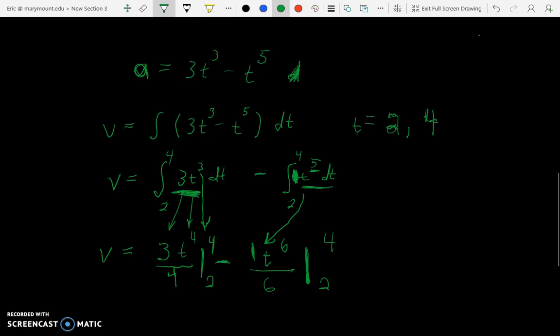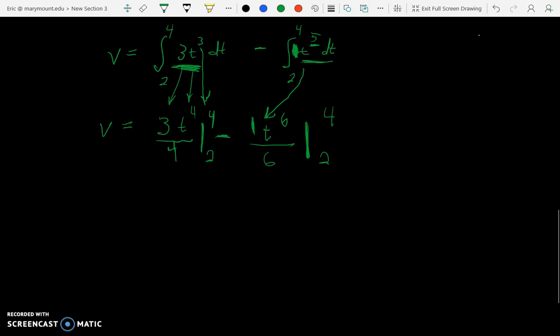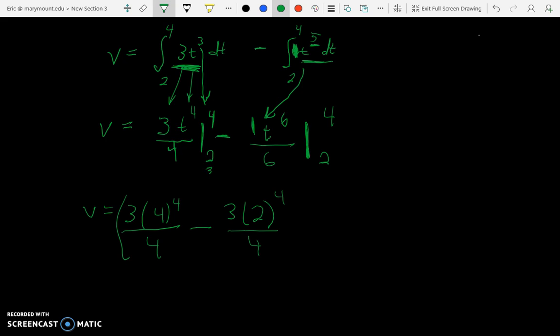Now, all I have to do is plug in these numbers and evaluate. I have to plug and chug. So v is equal to 3 times my final position. I plug in 4 for my t, 4 to the 4th divided by 4. And then I subtract off 3 times the initial point, plugging in 2 for t, and I get 2 to the 4th divided by 4.